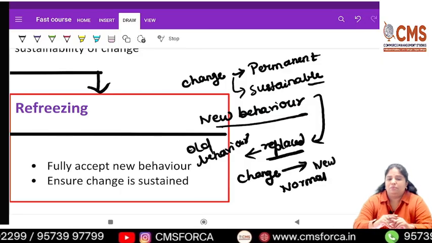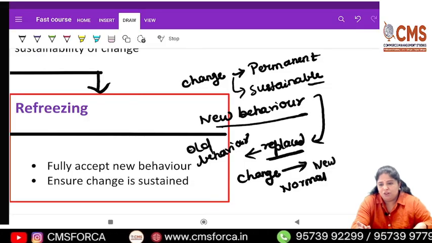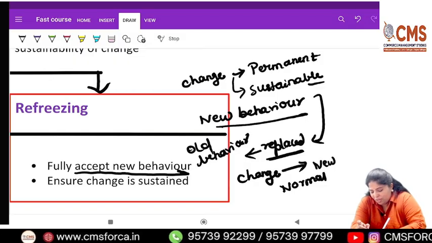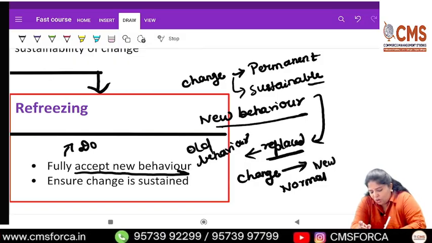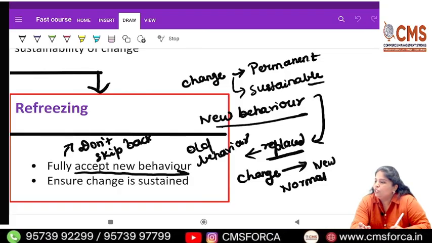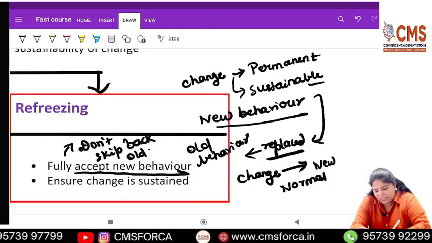Whatever methods they take, they have to make sure that employees fully accept the new behavior and do not skip back to the old methods.